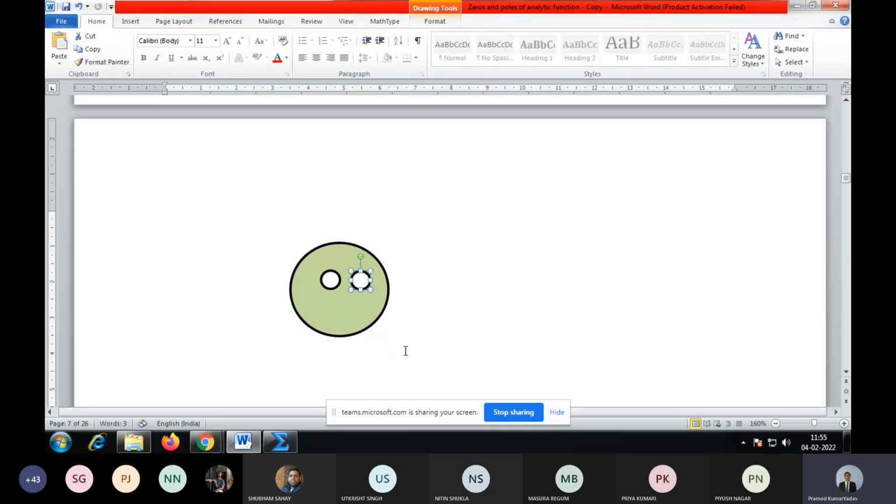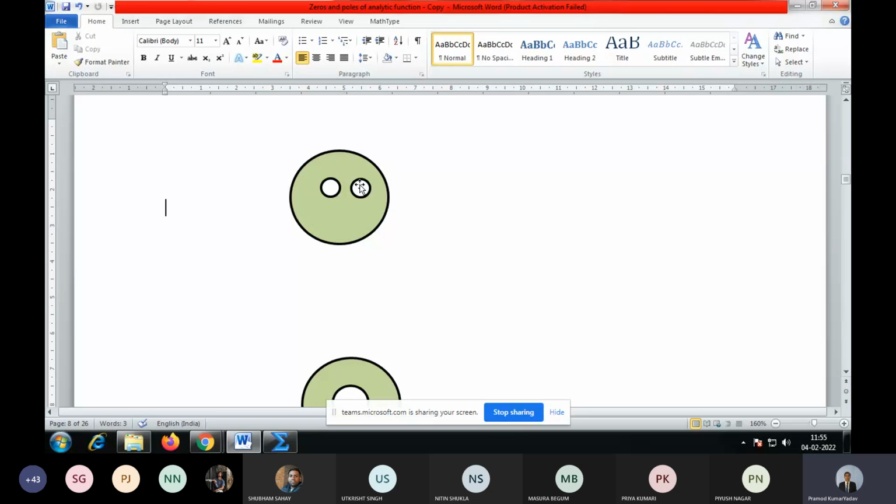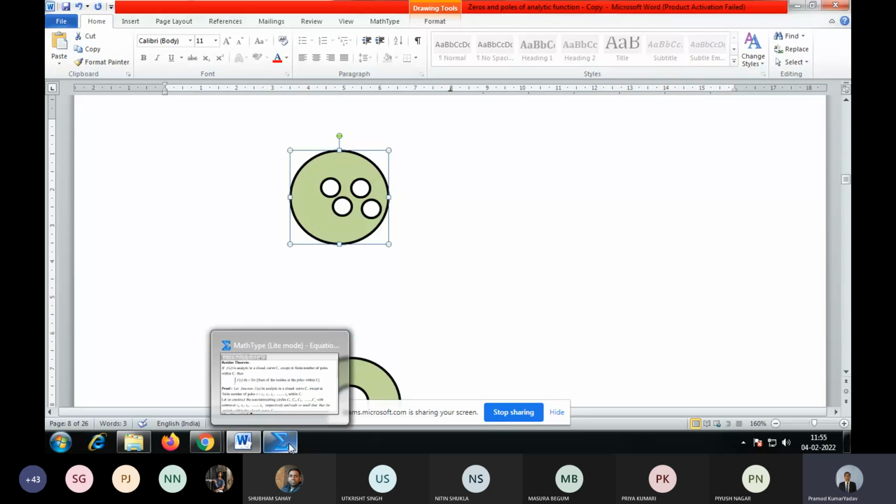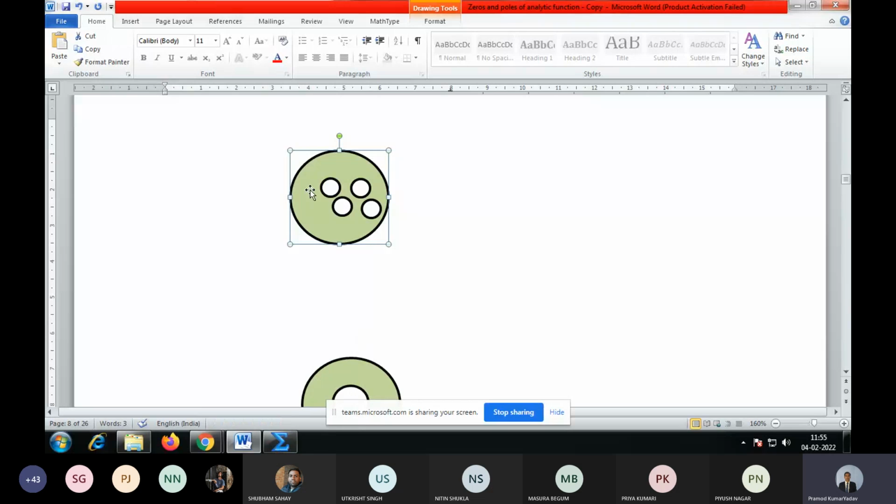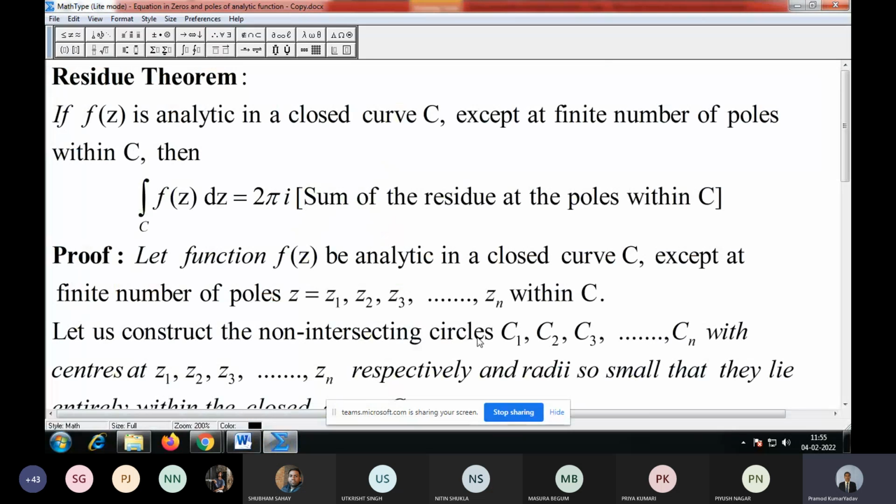Suppose I've shown here only 2 points, this one, this one. So f(z) is analytic within this outer closed curve C, except at a finite number of points. These are here: z1, z2, z3, z4, and so on.